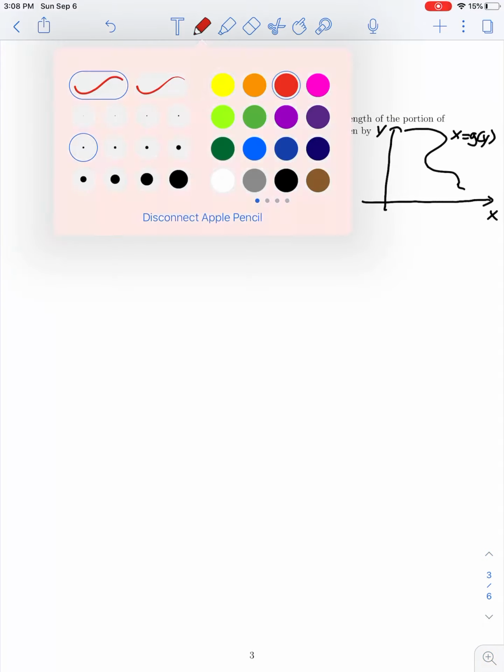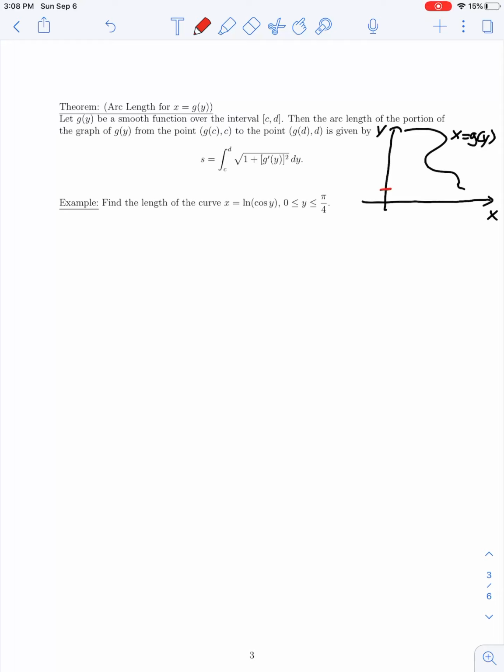And our endpoints of this curve would correspond to values of y given by c and d, so that these points on the curve would have an x-coordinate which is g of y, so g of c, c. And this upper point, when y is d, x would be g of y, or g of d, d.